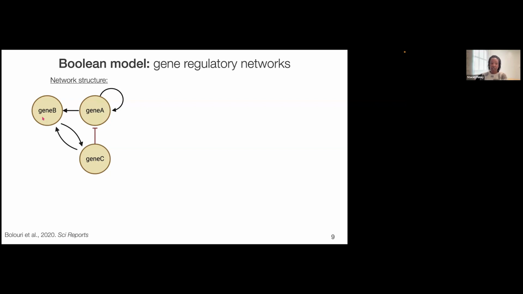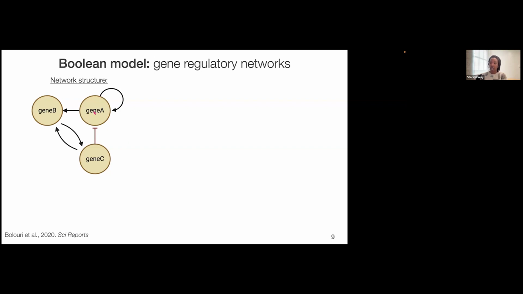When we have a Boolean model, this is just a simple example with 3 genes, and we see which genes are present, and then we also have arrows that indicate how the genes influence one another. In this case, we have a way to update the expression of genes in the next time step based on the rules that govern how they influence one another.